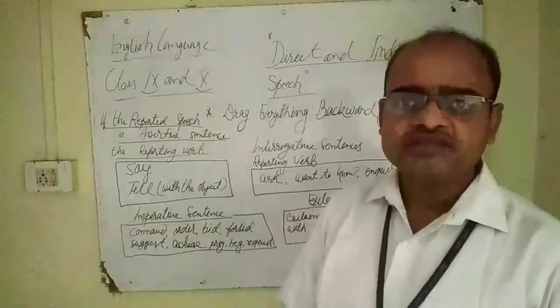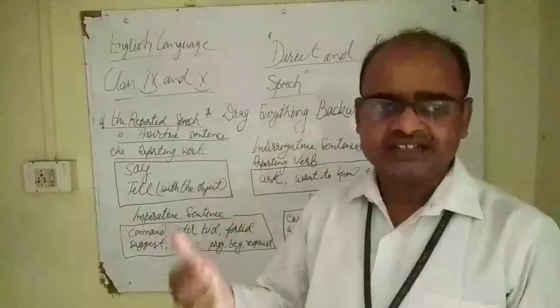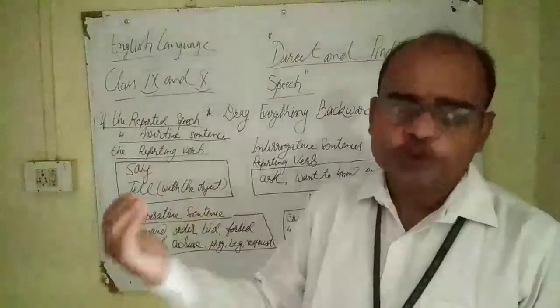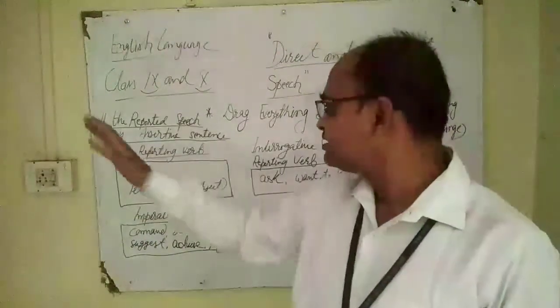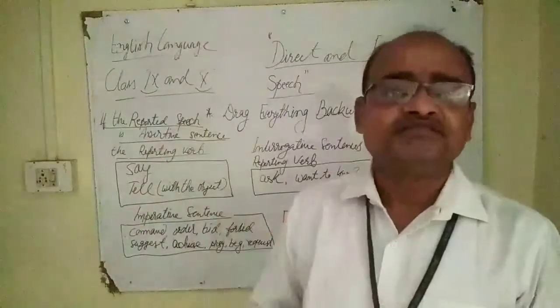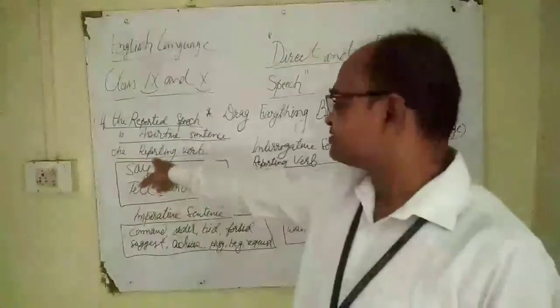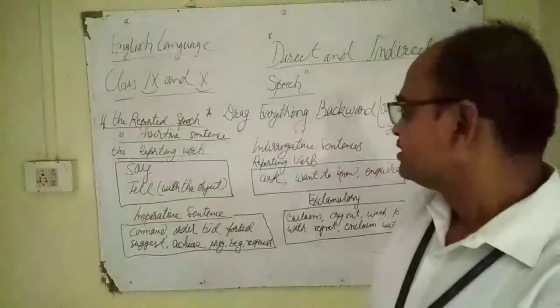He told me. But when you use say, he said, or he said to me can be used. But if it is say alone, then an object cannot be used after it.